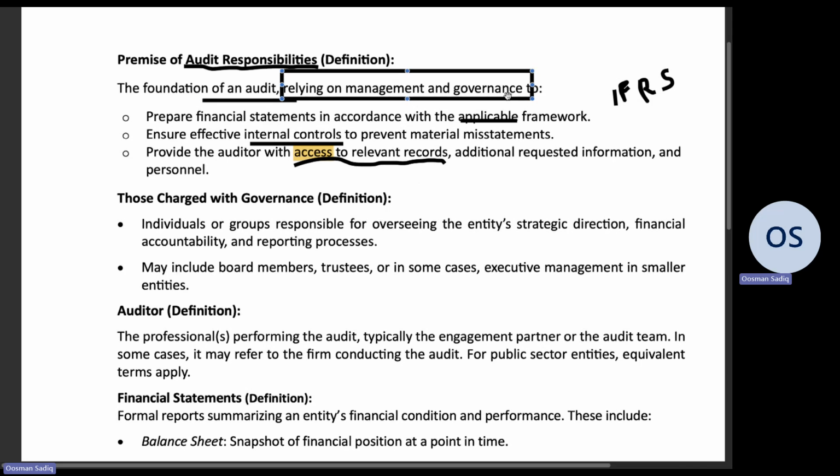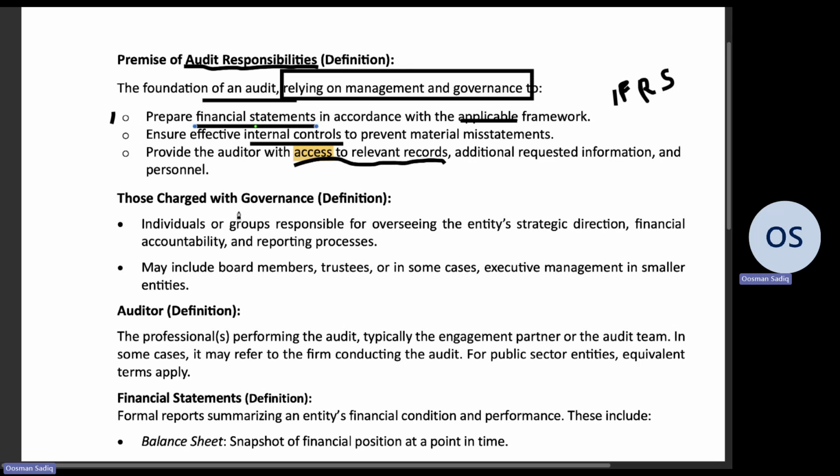Relying means that you as an auditor will be assured by the management that these three areas are covered: internal controls are there, it's not fraudulent, there is access to relevant records, and they prepare the financial statements. Then you will check these financial statements. You will not prepare something and then check it again. Obviously, that would be a conflict.